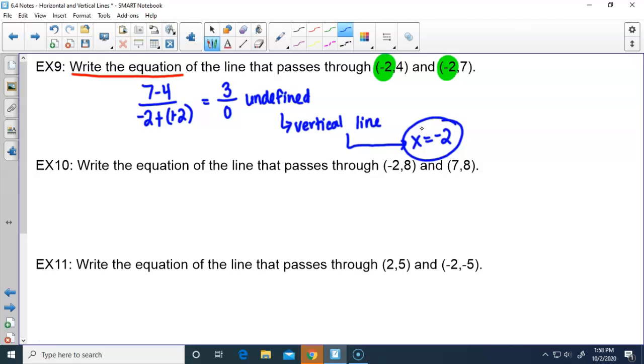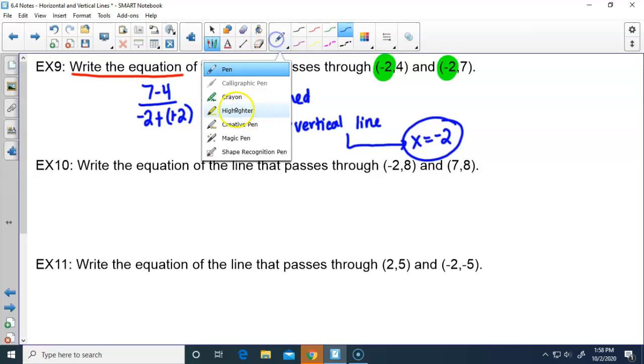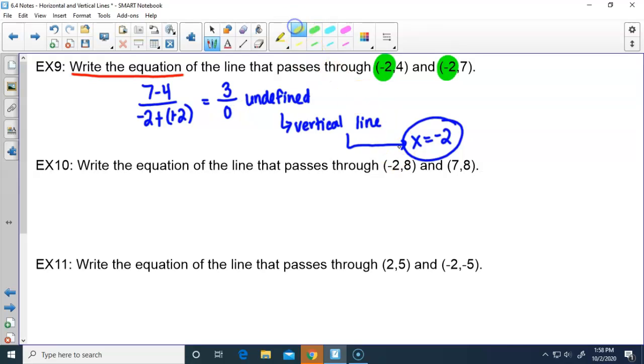For example 10, I want to show you how you can tell the equation of this particular line immediately without doing any work at all. And then we'll go back and look at what if I didn't notice that. So if I see this, I've got -2, 8, and 7, 8. I see right here that this 8 is repeated. And both of my y coordinates are 8.